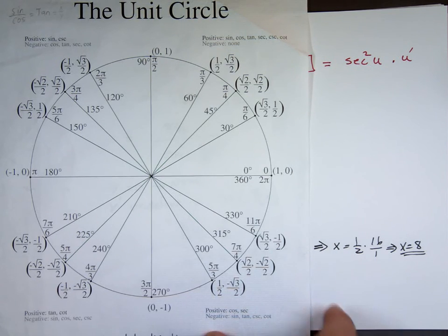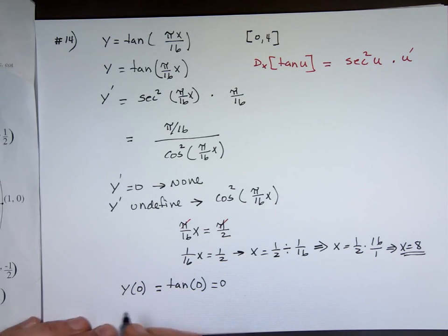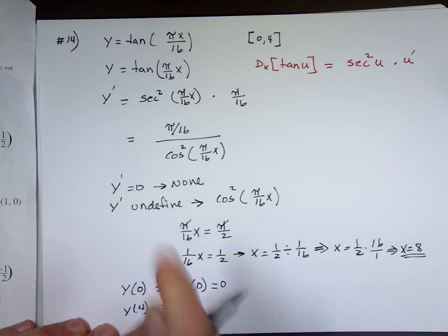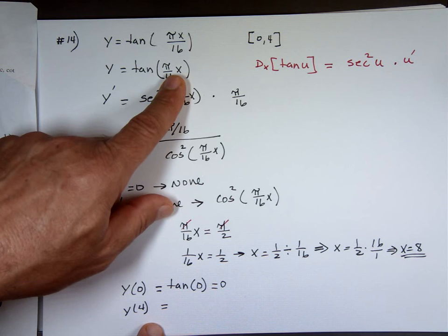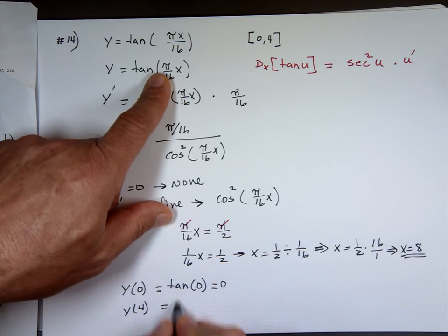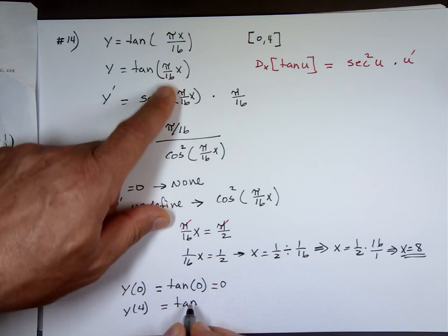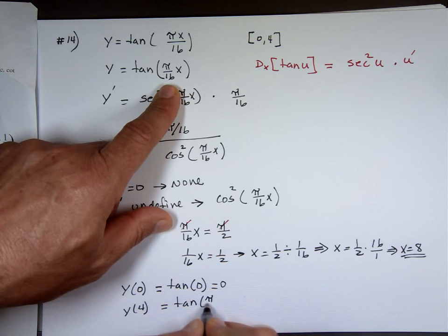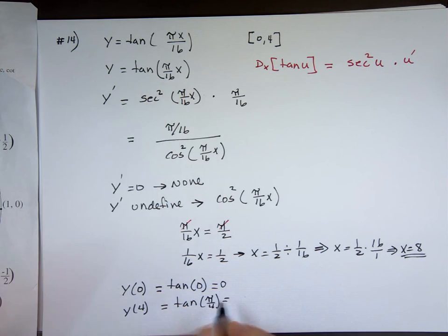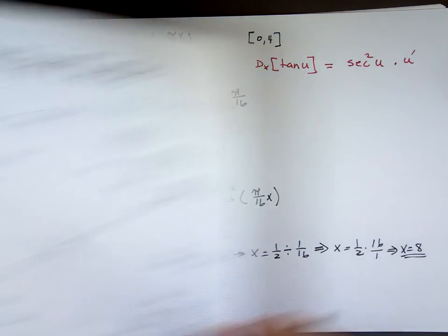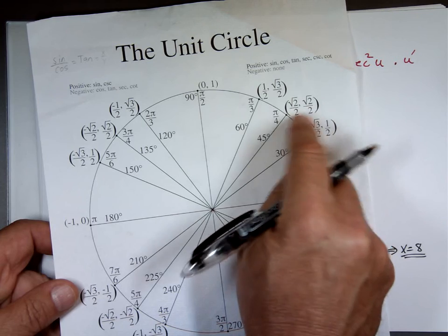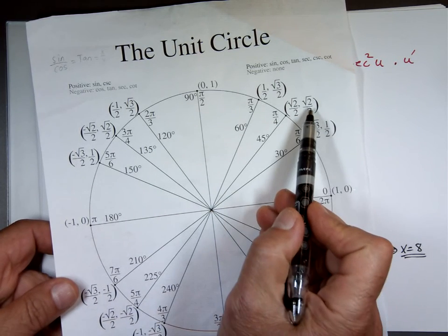What is the tangent of 4? When x is 4, when you plug in 4 here, what are you going to have? That would be tangent of pi over 4. Let's take a look at pi over 4. Divide this number by this number, what are you going to have? It's the sine divided by the cosine.